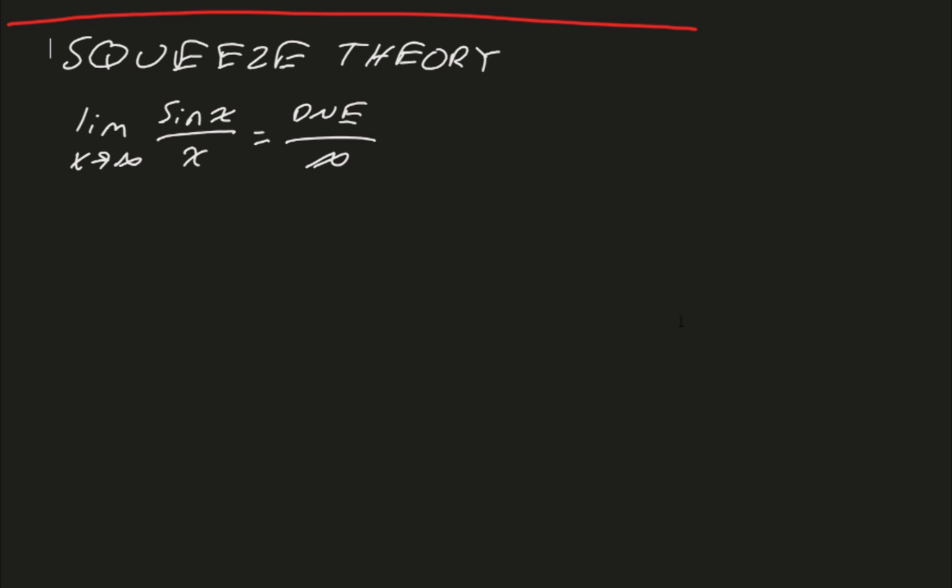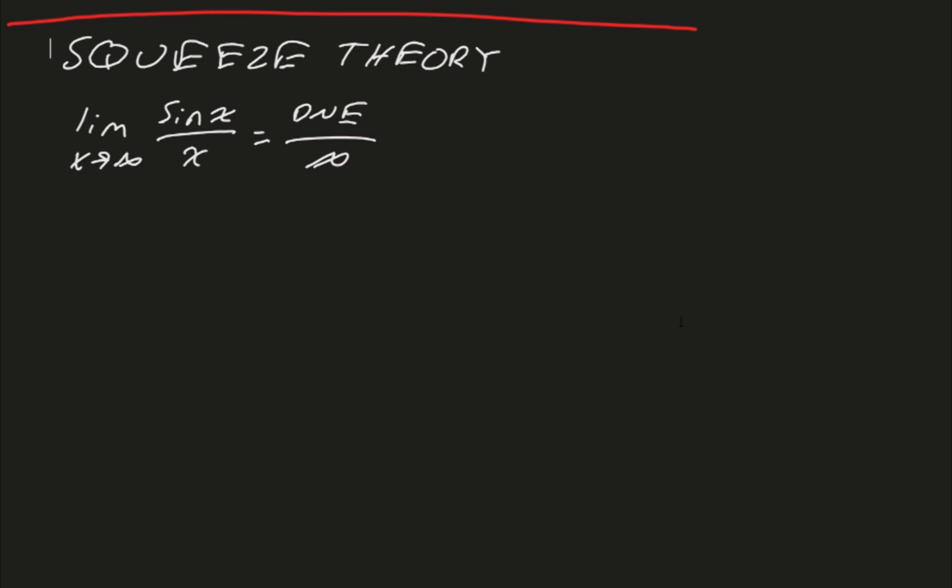But because we're dividing by infinity, we know that that's probably going to end up overpowering the sine of x, because x will continue towards infinity, whereas the sine of x is constantly oscillating between -1 and 1. So that x is going to drag this thing towards 0, but we need to be able to show that mathematically.